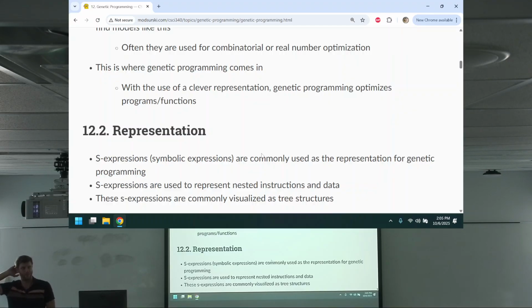Fitness could be something as simple as how accurate it was. If one classifier is 90% accurate and the other is 97% accurate, good, right? So there we go.